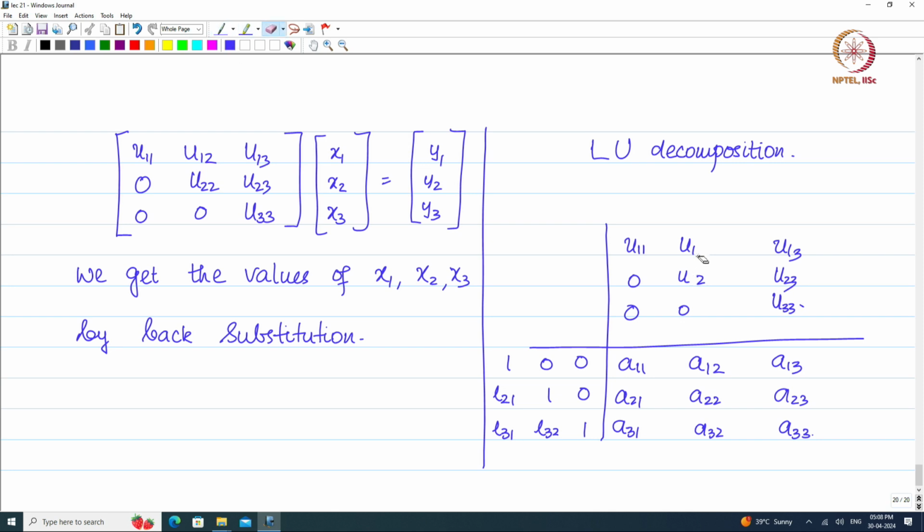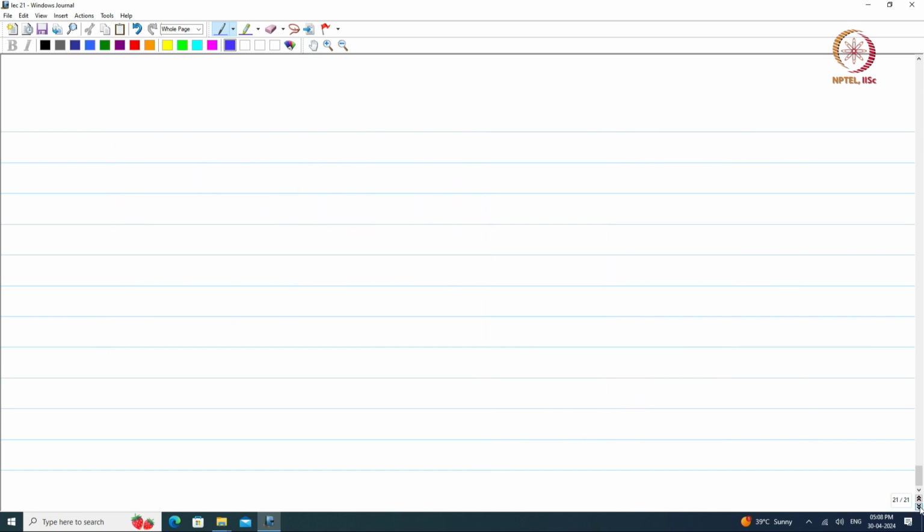Let me rewrite this. So, you have U12, U22, 0. This is what we have, and if you look at it very clearly, there is something interesting that we can make out here. We are basically given the value of Aij.